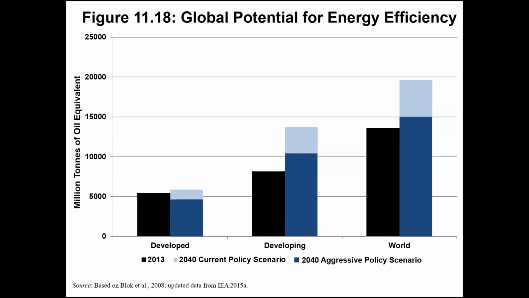And we see in this graph is broken down for developed countries, developing countries, and then the total world. And we see that the black bar is where we are. This is energy demand. The black bar is where we are in 2013, and then the dark blue is what we can do by 2040 if we see an aggressive policy scenario.